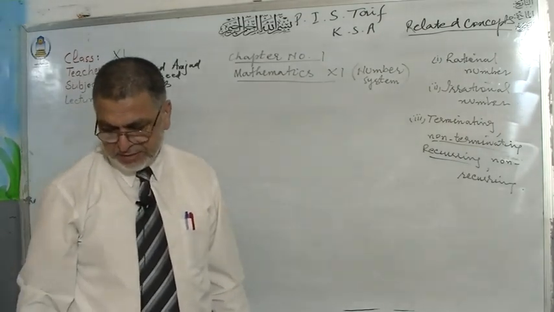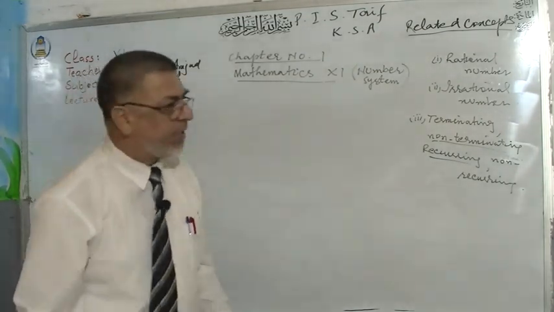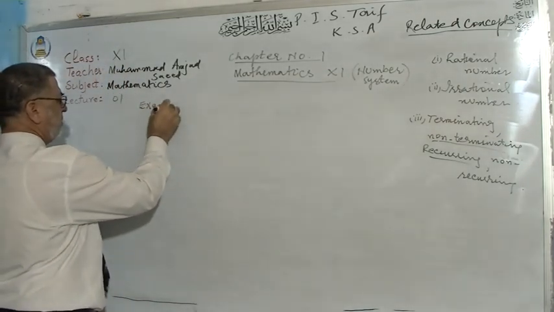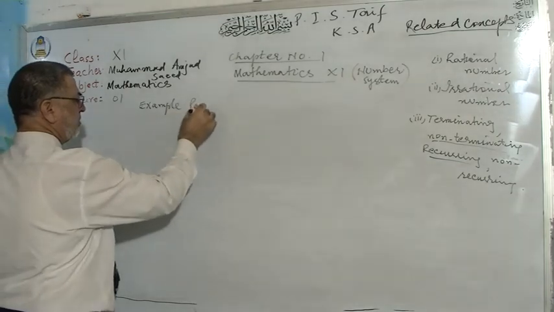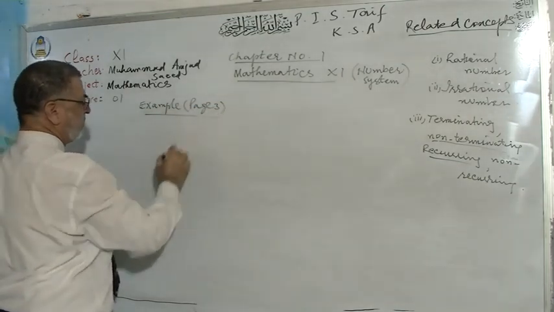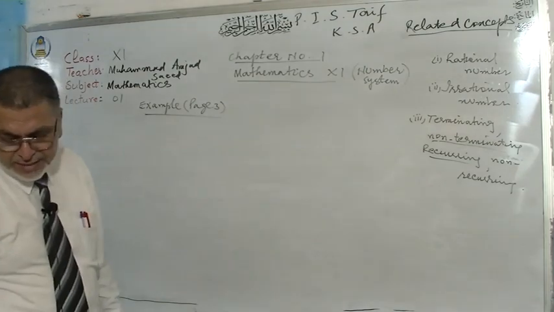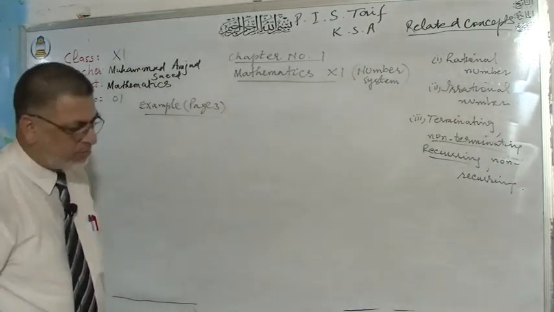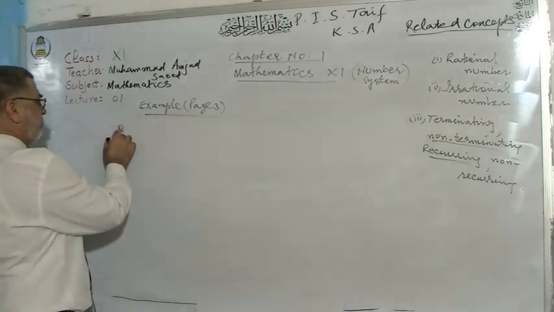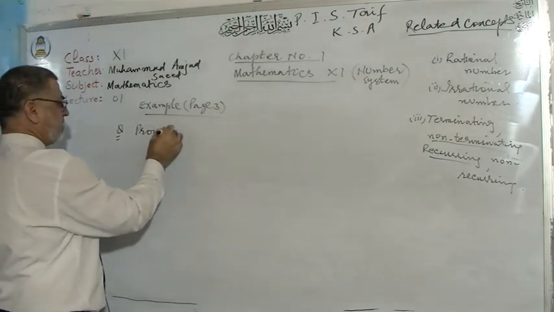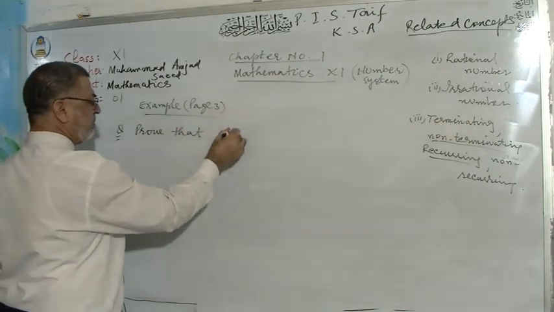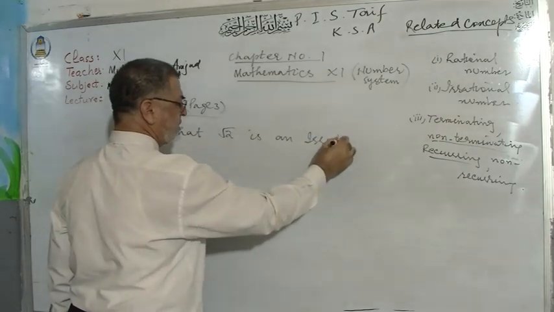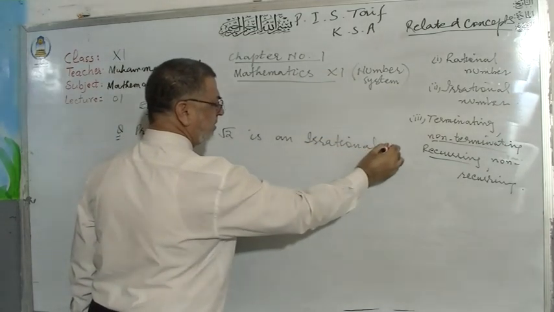After that, a very important example, page 3. You can check from the book. The question is, prove that square root of 2 is an irrational number.